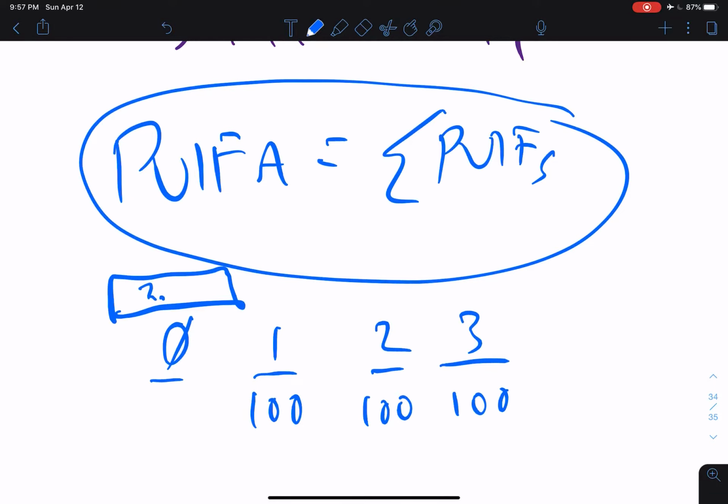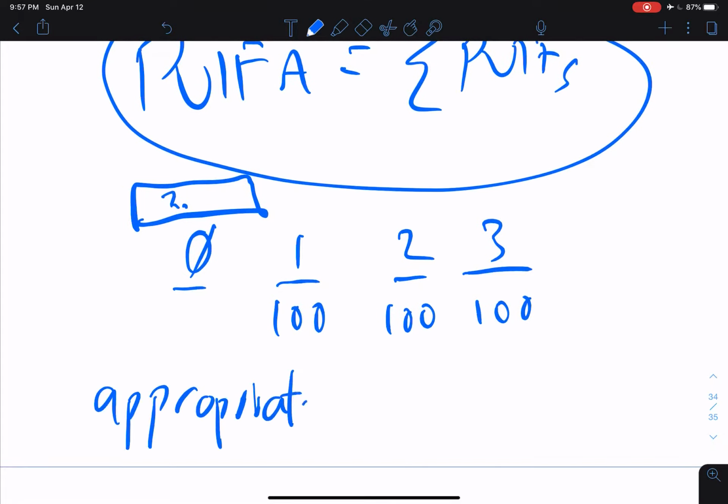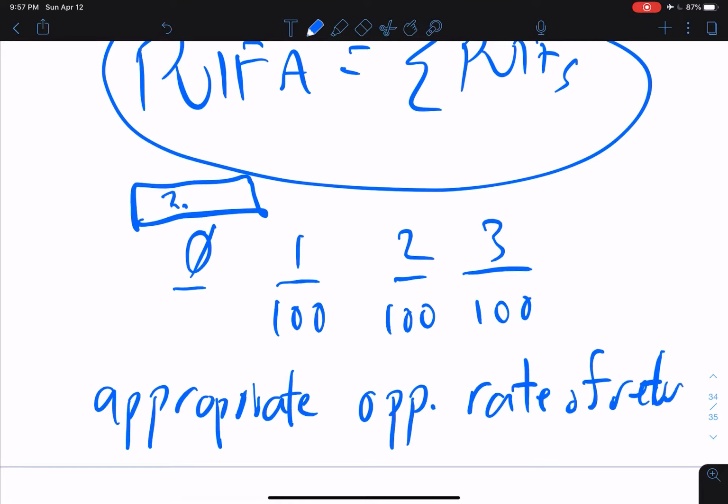So in order to do that, we need to identify the appropriate opportunity rate of return. It's the rate of return that is your next best use of funds rate. Okay?